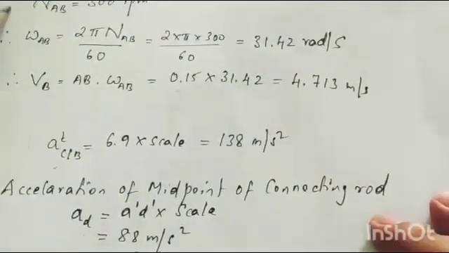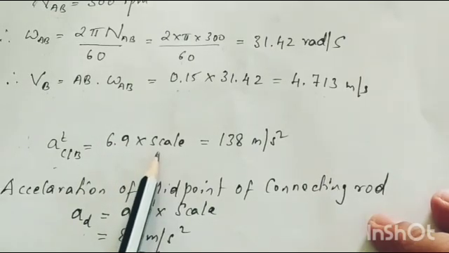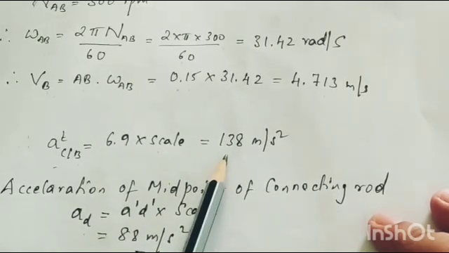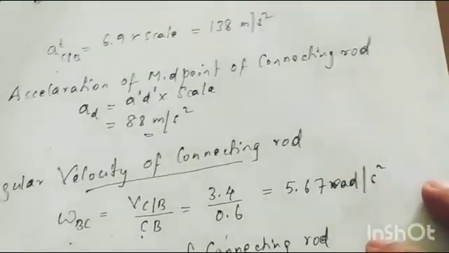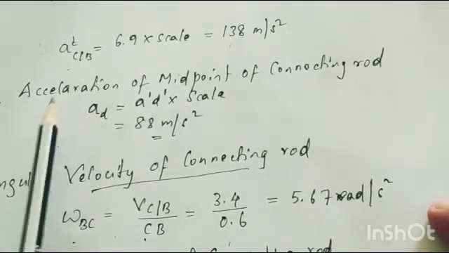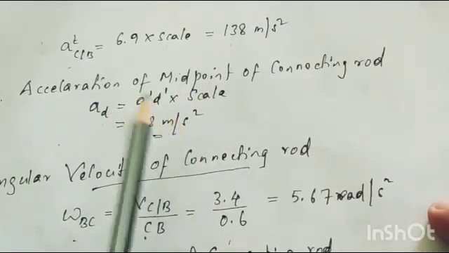AT of C given B is equal to 6.9 into the scale, which is 20. So you get 138 meter per second square. Just keep it over there; we'll take it whenever we require. And I have again shown you the acceleration of the midpoint of the connecting rod, which we have already done.